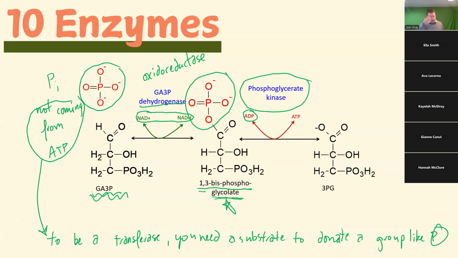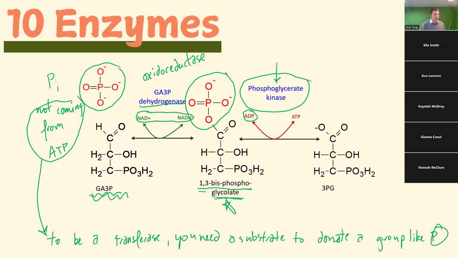So let me ask you this. Give me a 7 in the chat if you think that this is an oxidoreductase, and give me a Z in the chat if you think that this is a transferase, this phosphoglycerate kinase. Z for transferase, a 7 in the chat for an oxidoreductase. Absolutely.